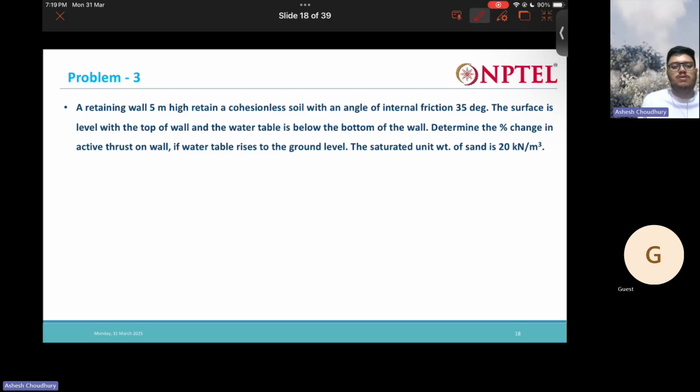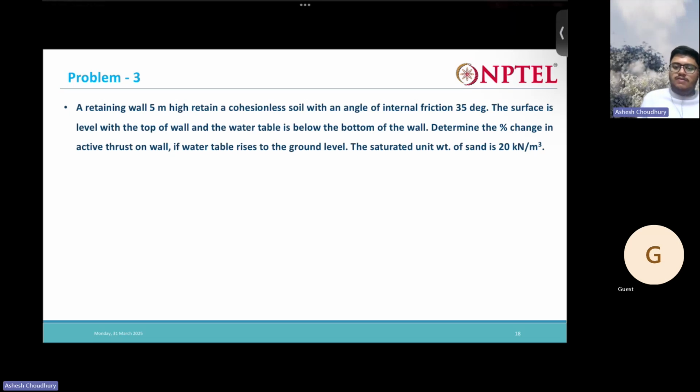Next problem. A retaining wall 5 meter high retains a cohesionless soil with an angle of internal friction of 35 degrees. The surface is level with the top of the wall. The water table is below the bottom of the wall. Determine the percentage change in the active thrust if the water table rises to the ground. Similar problem.